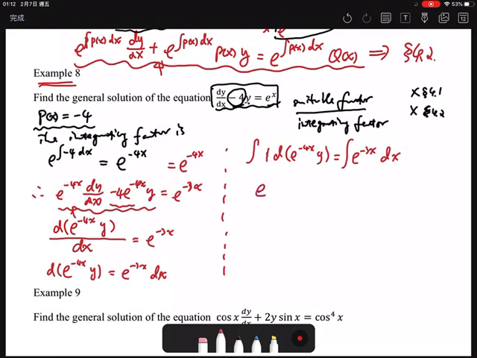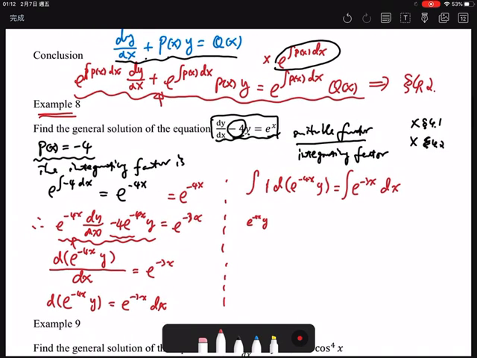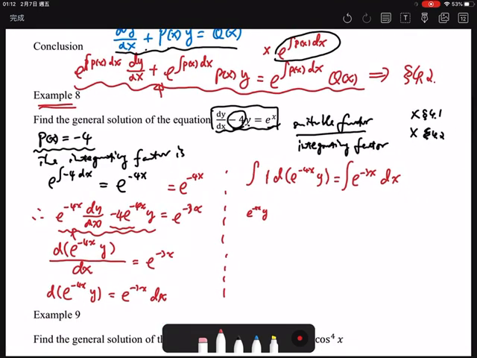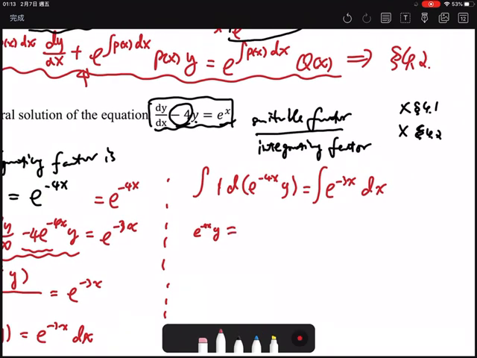So it is e to the power of negative 4x times y equals e to the power of negative 3x, but we should multiply 1 over negative 3 to adjust it, okay, and then plus constant c.